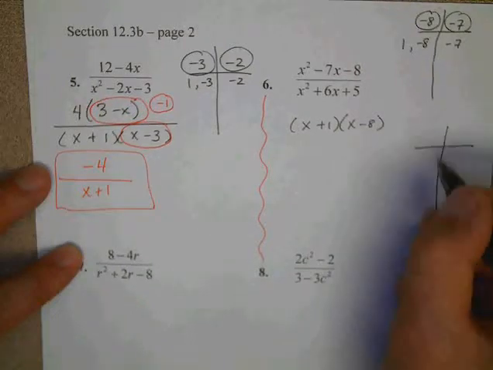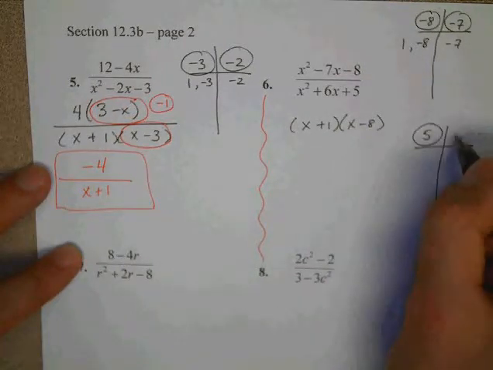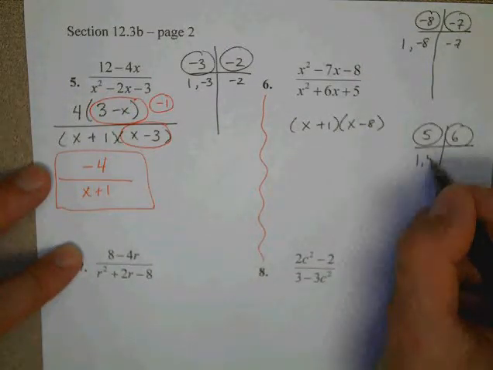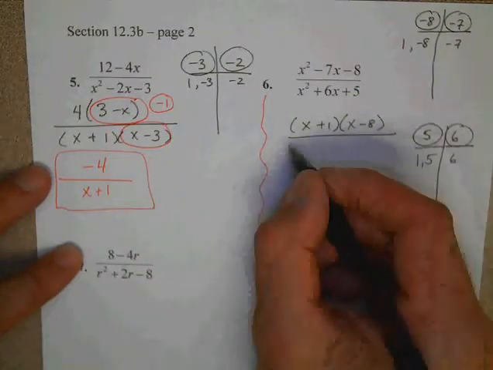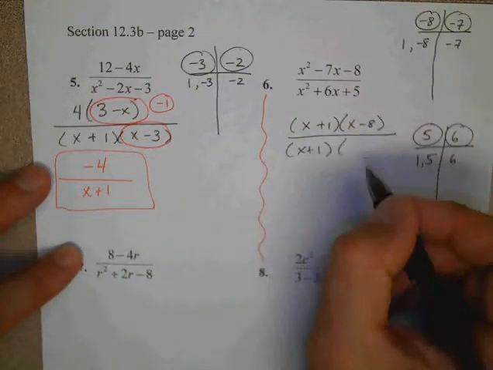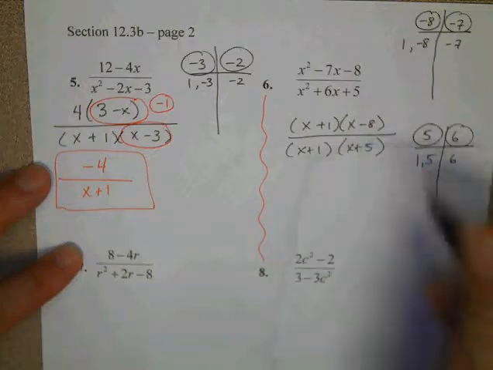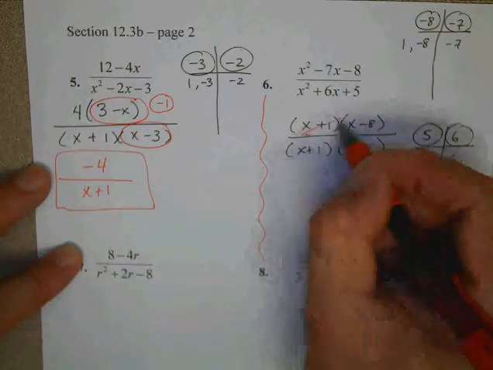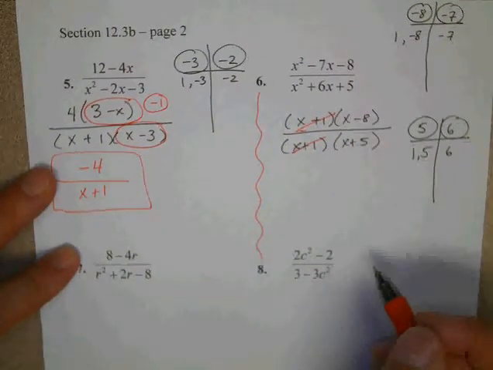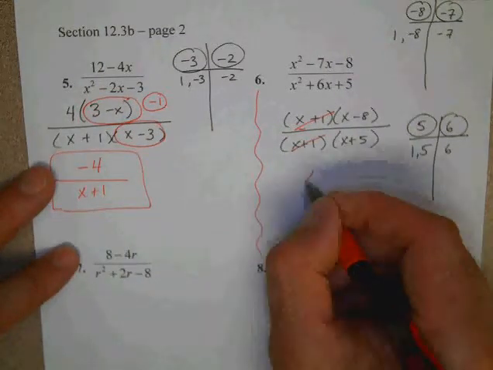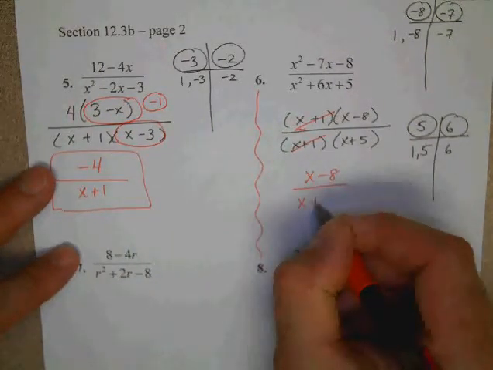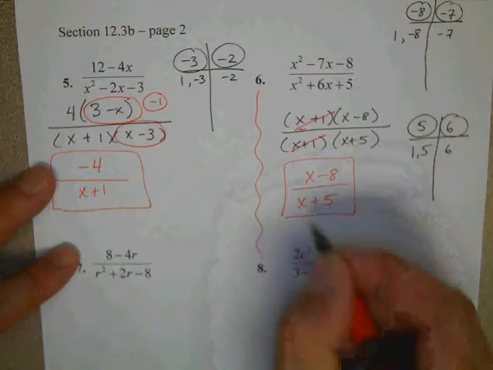On the bottom, what multiplies to 5, that adds to 6? Well, that's 1 and 5. So x plus 1 and x plus 5. Notice once again we get two factors that are identical. So those cancel, leaving me an answer of x minus 8 over x plus 5.